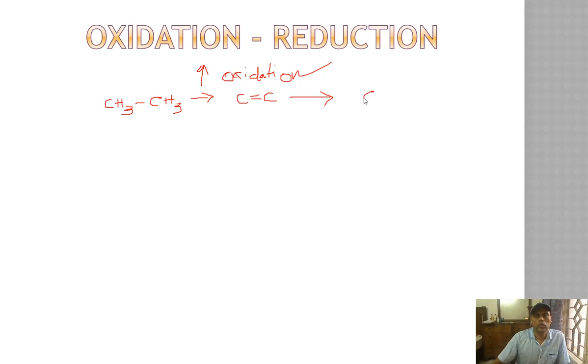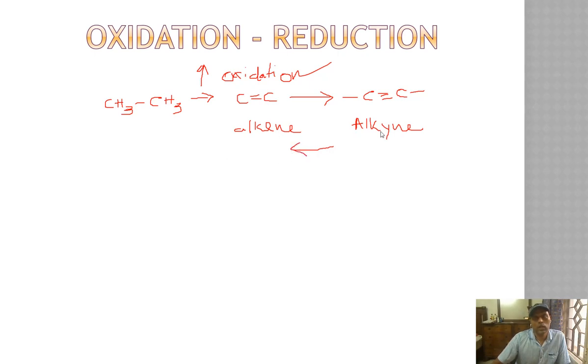Then again you remove two more hydrogens, so again this is the oxidation. So from alkane you are going to get alkene, and again alkene to alkyne is oxidation.